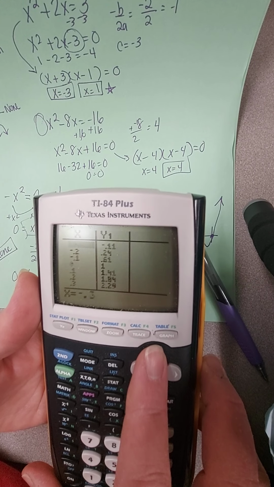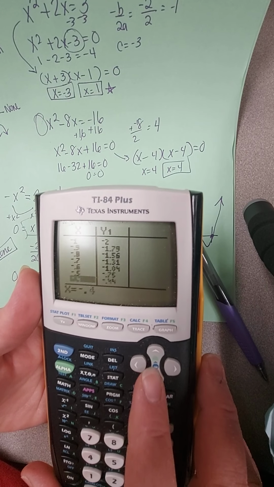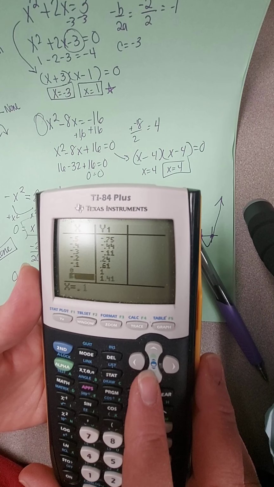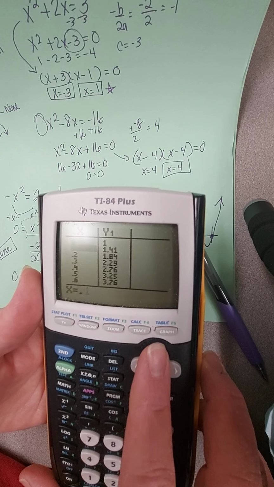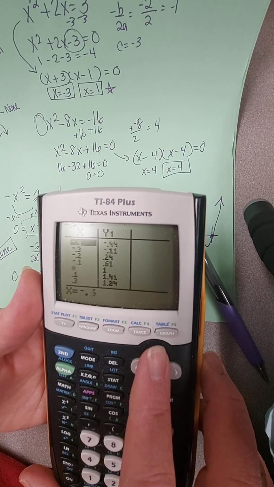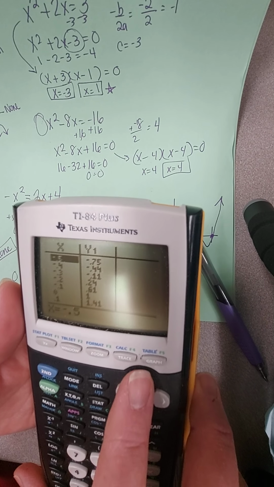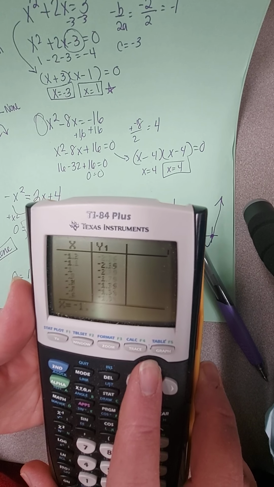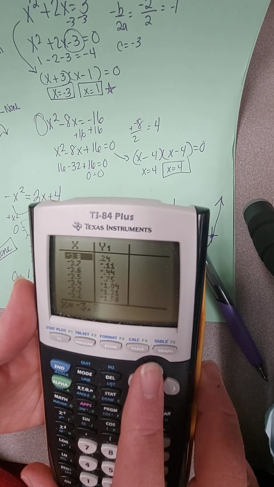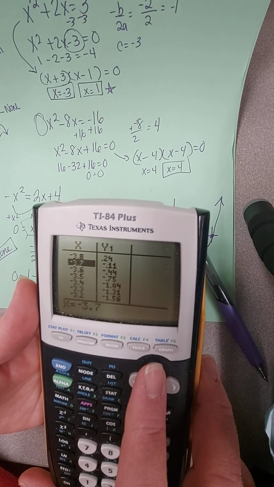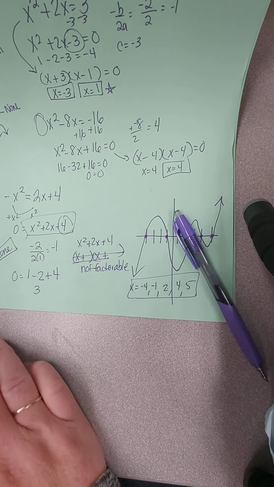You need to keep going because it's going to come back up. Oh, there we go. See it? It's coming back up right there. See how it went from negative 3.7 to 0.24. So you could approximate your zeros as well. Okay, thanks.